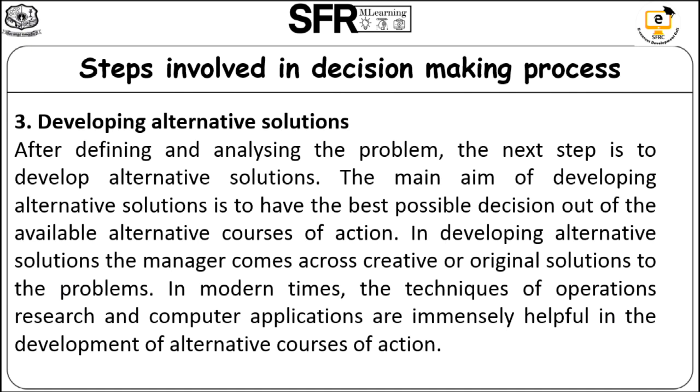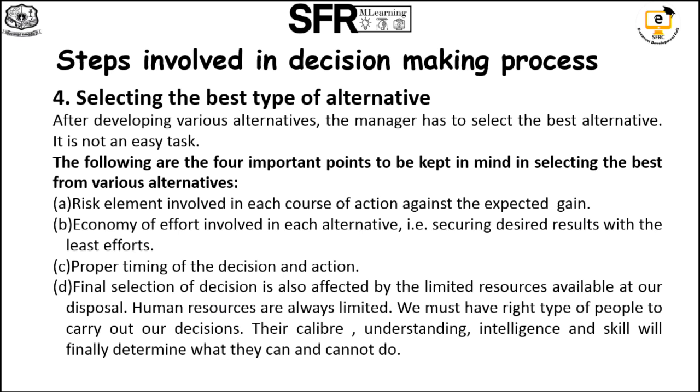In developing alternative solutions, the manager comes across creative or original solutions to the problems. In modern times, the techniques of operations research and computer applications are immensely helpful in the development of alternative courses of action.